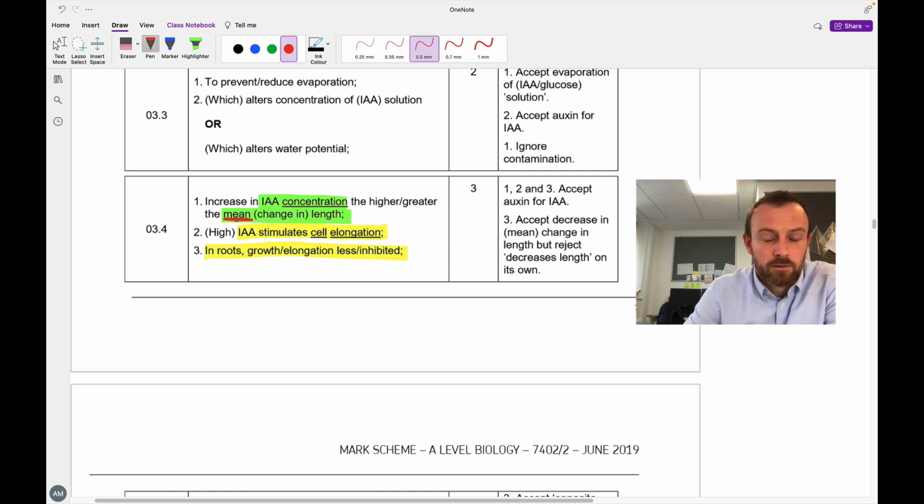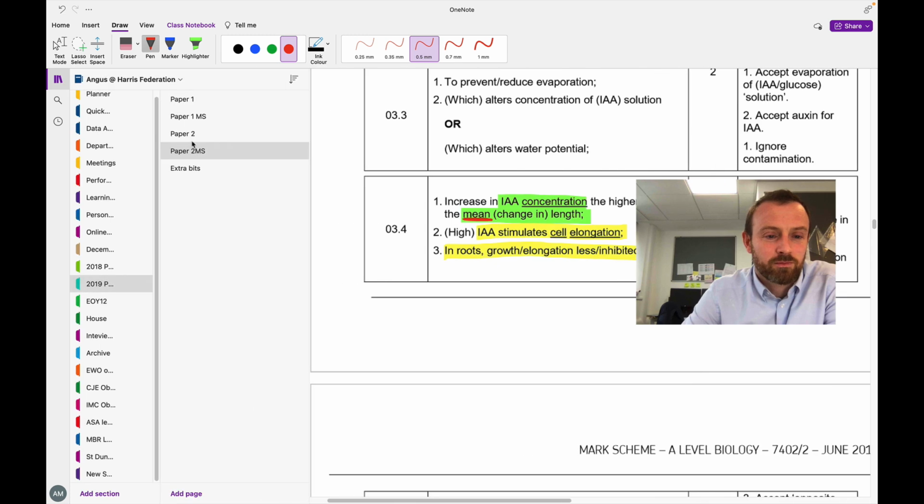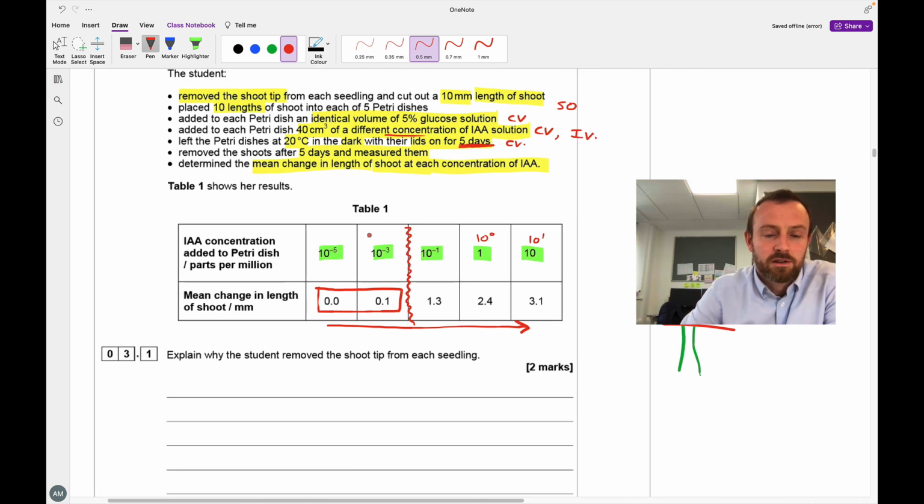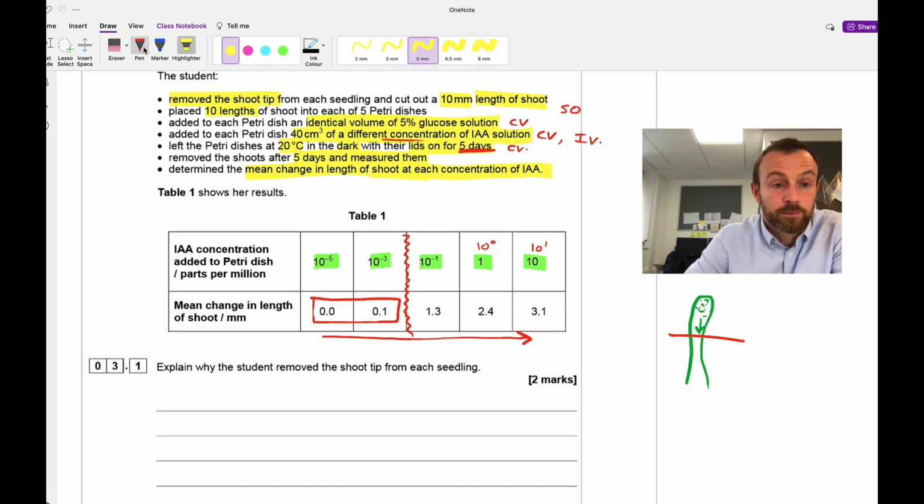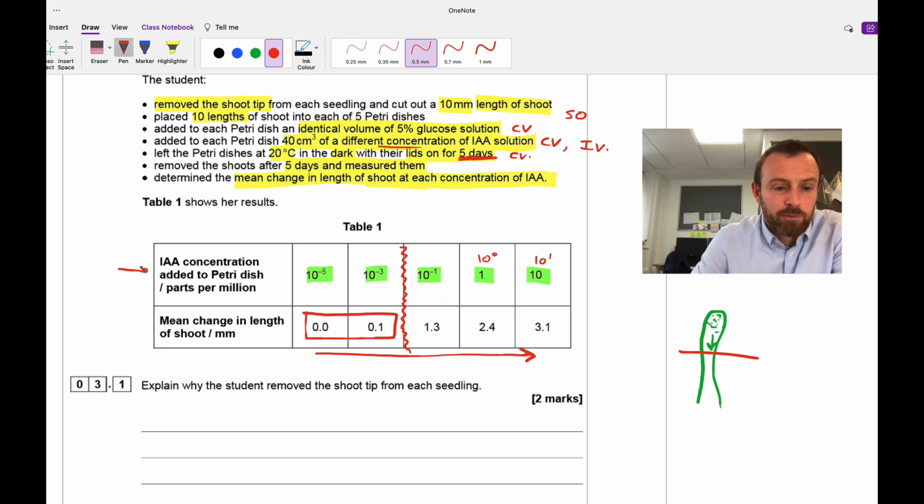Well, when you're writing about the results in AQA, they are really picky on basically quoting the table headings as they are. And if you abbreviate them in any way or shorten them in any way, you tend to lose marks, which is annoying.